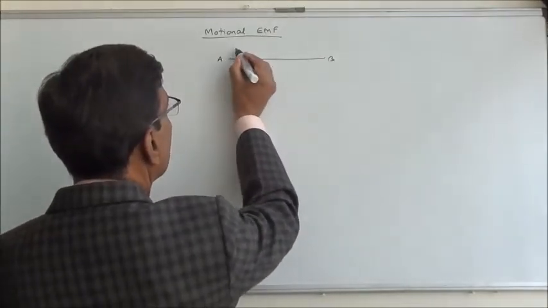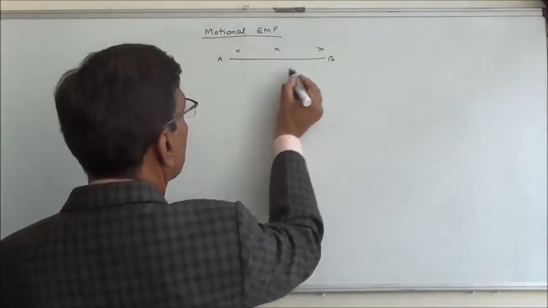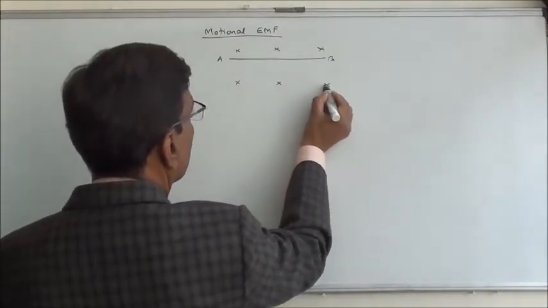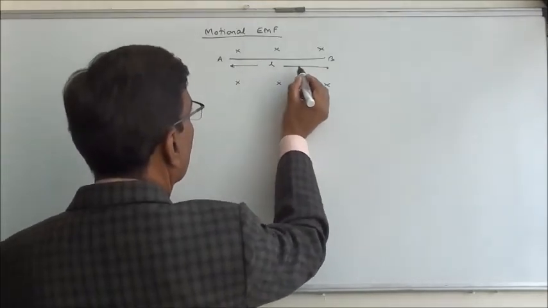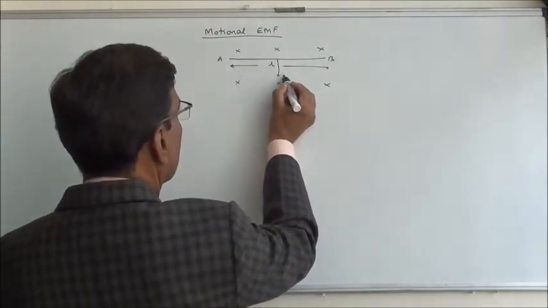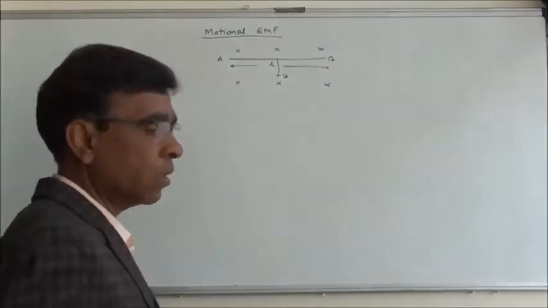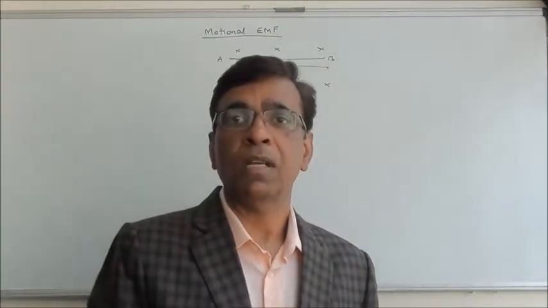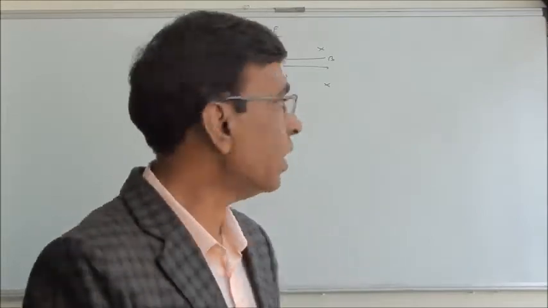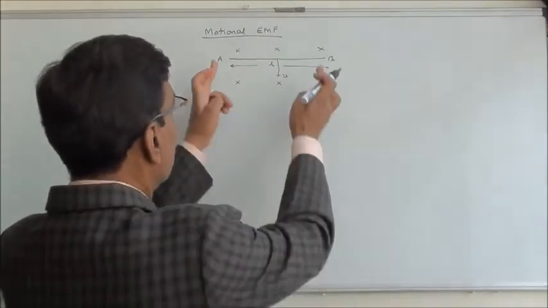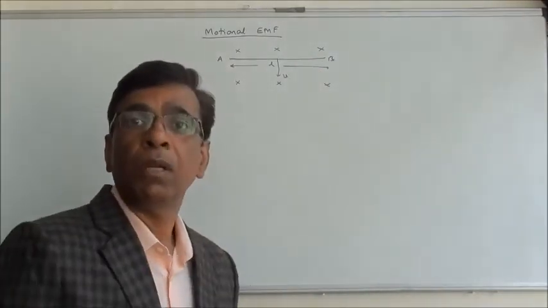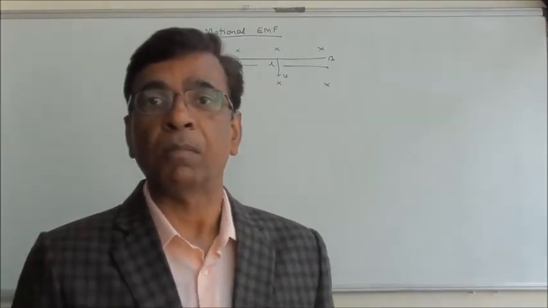Let's consider a conducting rod of length L, and let us take V as its velocity. It is moving downward and the magnetic field is directed inward. Then it is seen that between the two ends A and B a potential difference is developed.